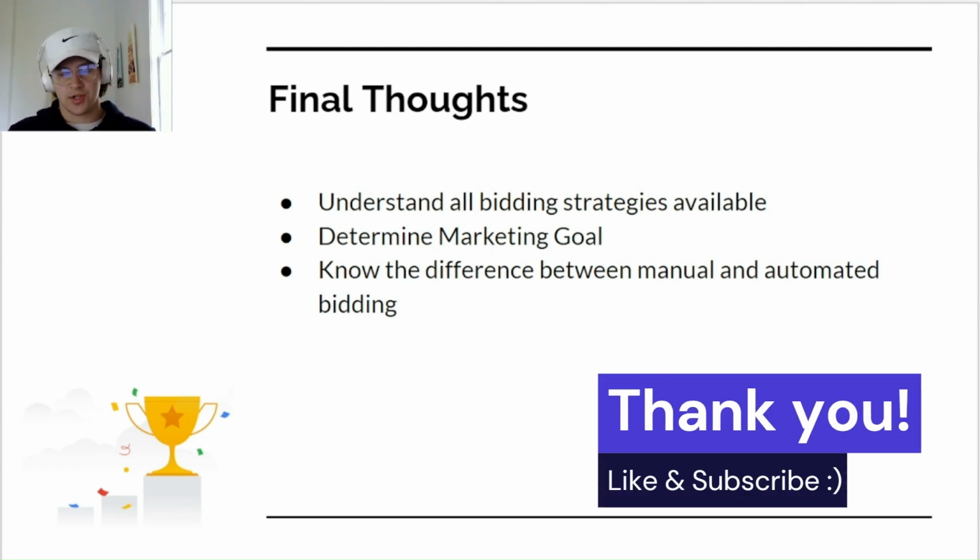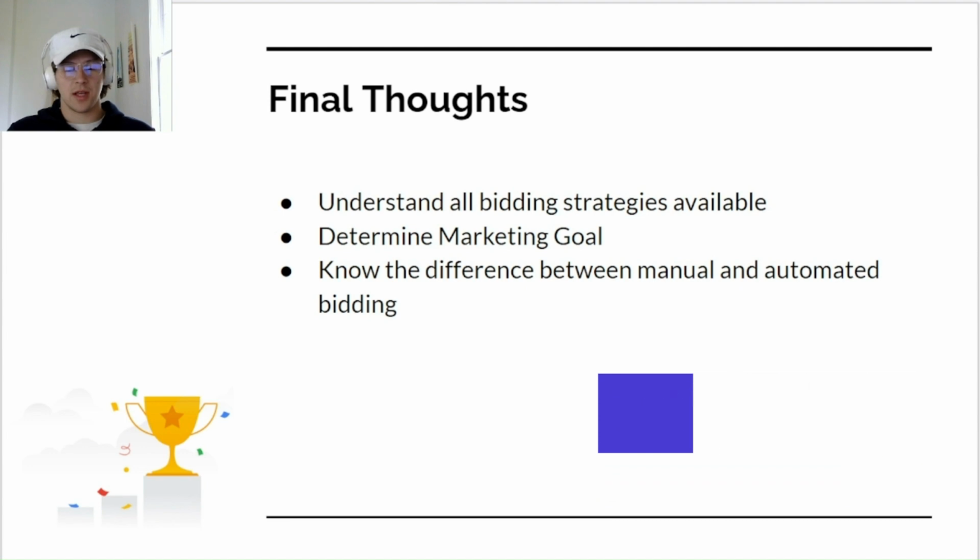And that leads to number 2, determine what your marketing goal is. Really understand what you are trying to achieve and what your primary KPIs are. If you want to generate revenue, understand the lead impact, understand your max cost per lead, right? Understand the value of each lead, and then build that into your bidding strategy and your bidding strategy's focus, right?